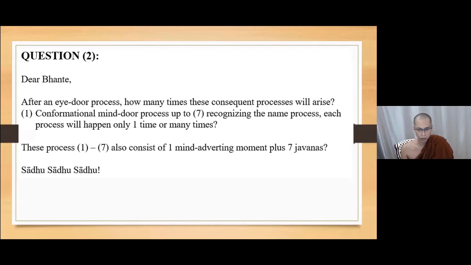We could not recognize, but we see. In this way, sometimes we recognize the color only, not the shape, and we recognize the shape and sometimes not the name.